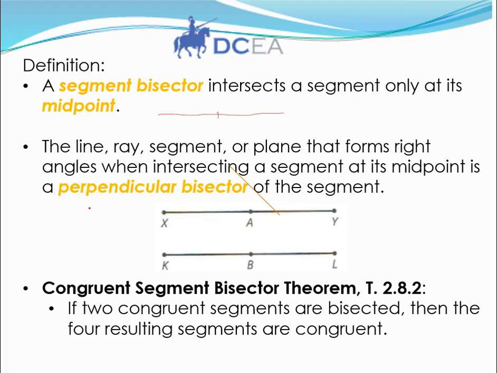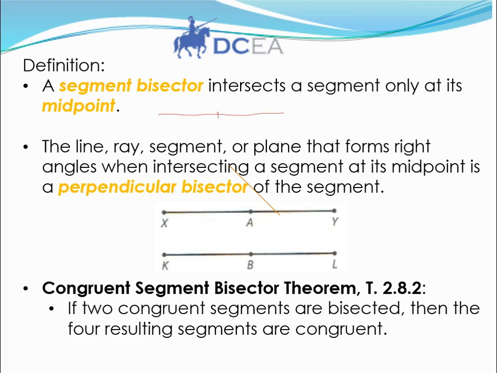The line, ray, and segment, or plane, there's my line that I was looking for, that forms right angles when intersecting the segment at its midpoint is called the perpendicular bisector.